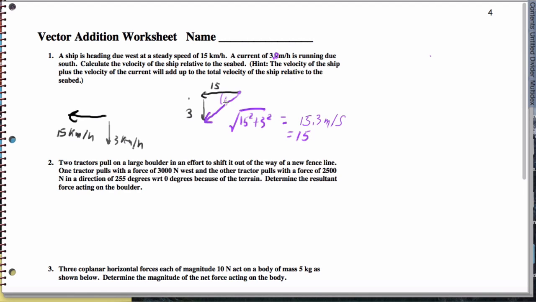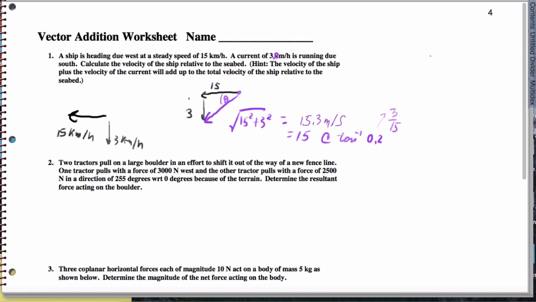Now, to get the angle here, we want to take the inverse tangent of 0.2 because that's 3 over 15. And when I actually get that inverse tangent, there we go.